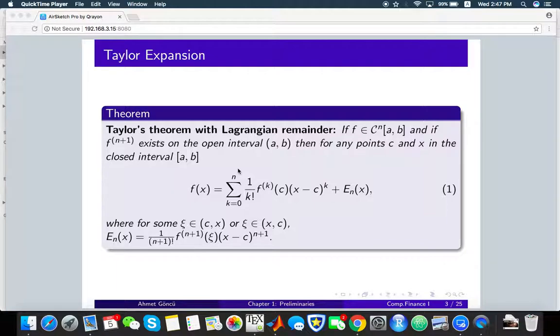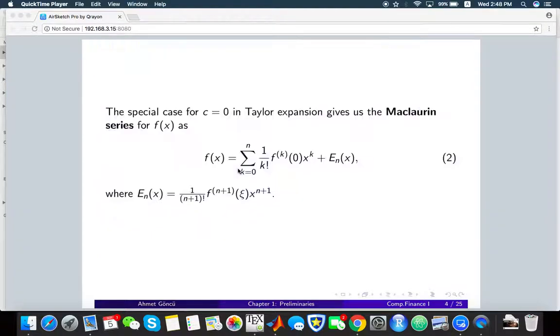In most of our course, we will often refer to Taylor's theorem, and it will be important for us to be able to use this theorem with different types of functions. Basically, if you evaluate your derivatives at the point c equals 0, notice that x minus c becomes just x, and we have the k factorial here.